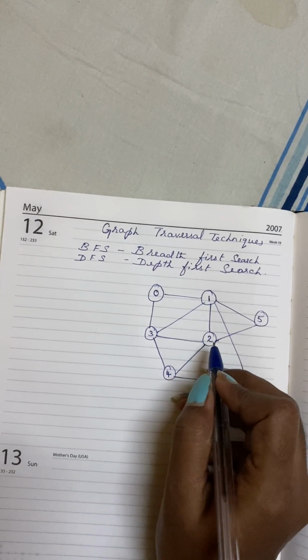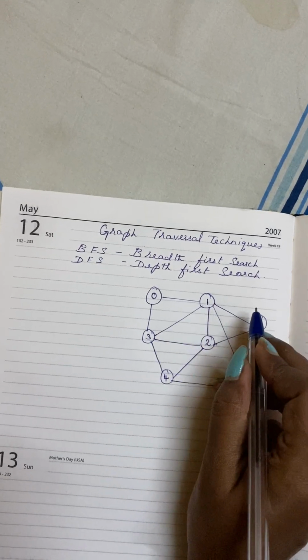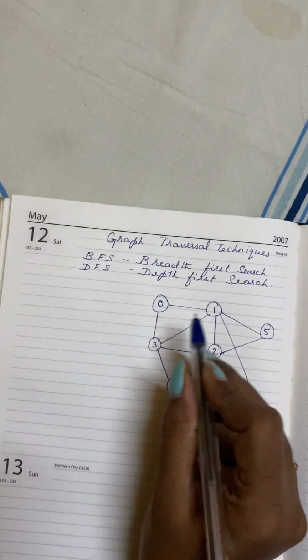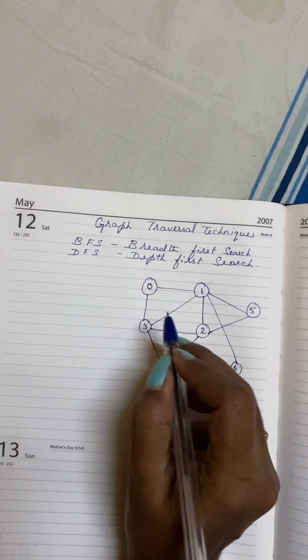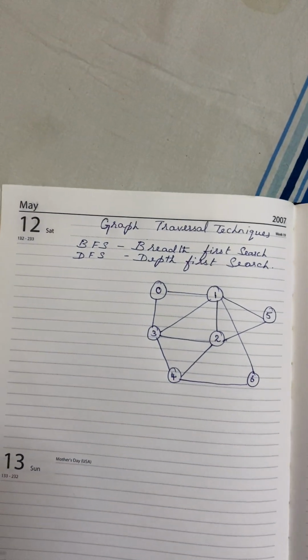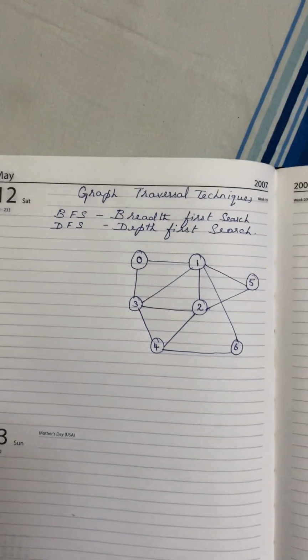Next we have to see what are all the adjacent elements of 2 and which node you are going to visit next. Likewise, how we are going to traverse a graph visiting all the vertices, those things are called graph traversal techniques. We have two methods of traversal.